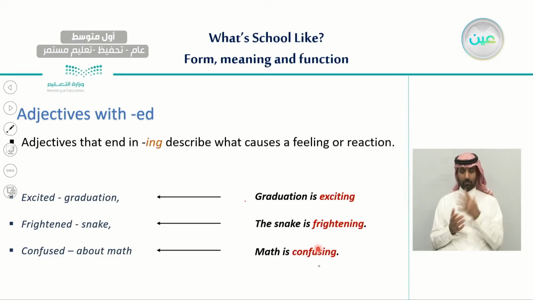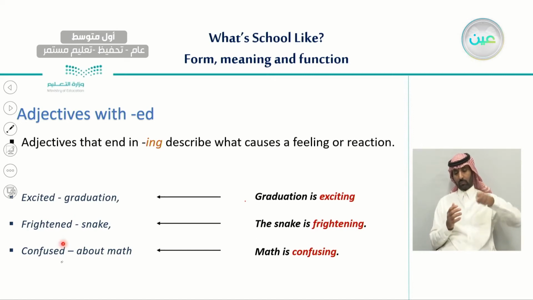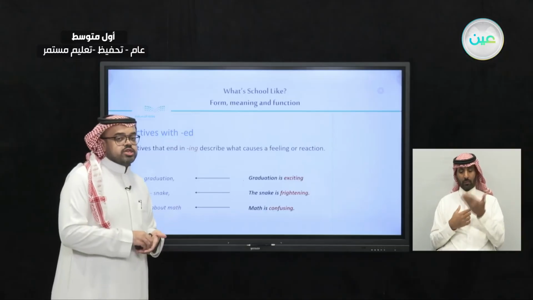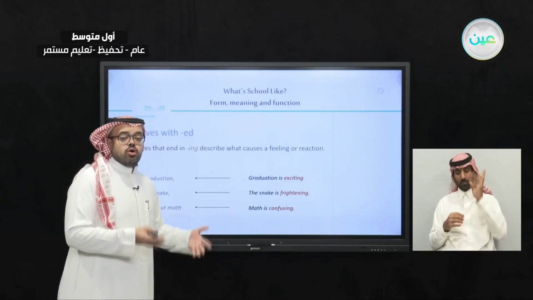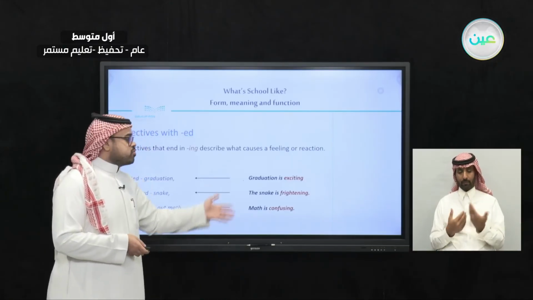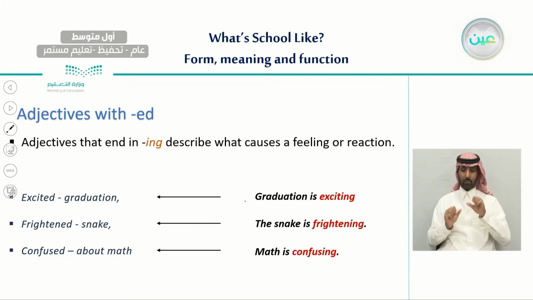Confusing ends with ing. So we use the adjectives that end with ed to describe people, to describe how people feel. And we use adjectives that end with ing to describe what caused that feeling. As we have here, graduation is exciting, the snake is frightening, and math is confusing.